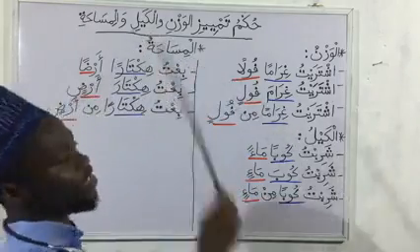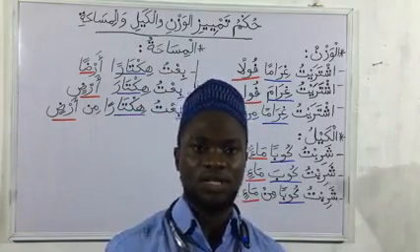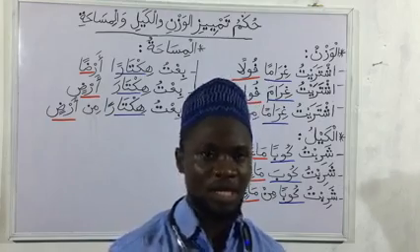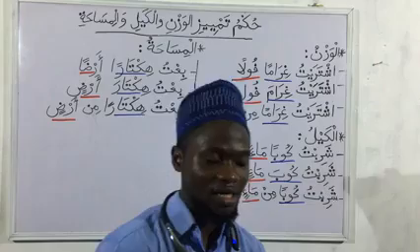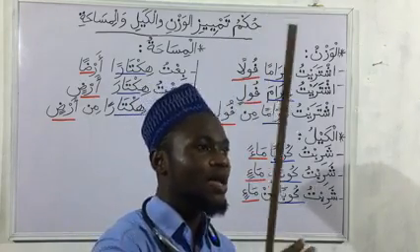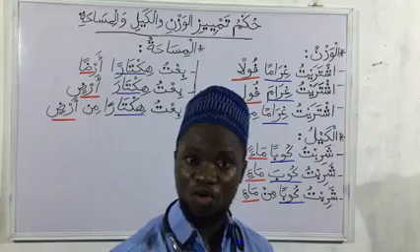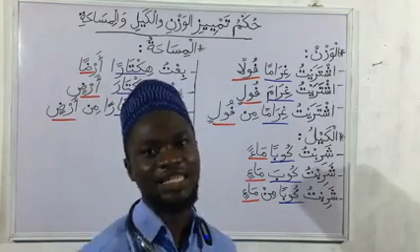Kail is a word that shows quantity. The way you use it is that the object you use to measure is the one that will retain the name.